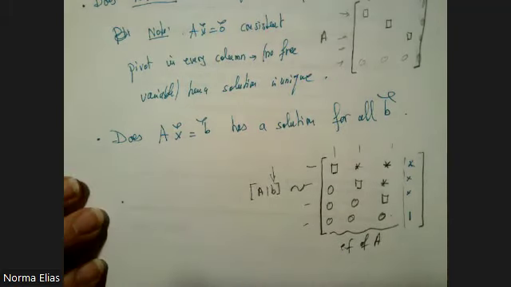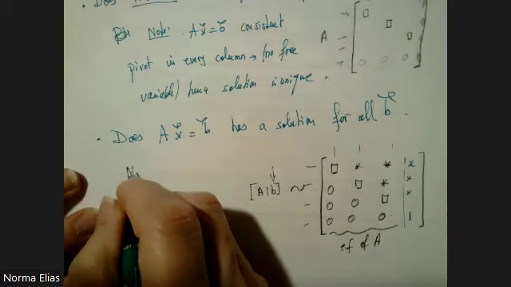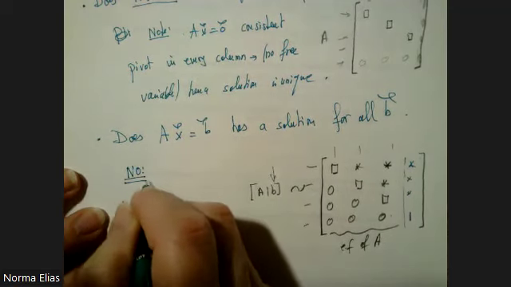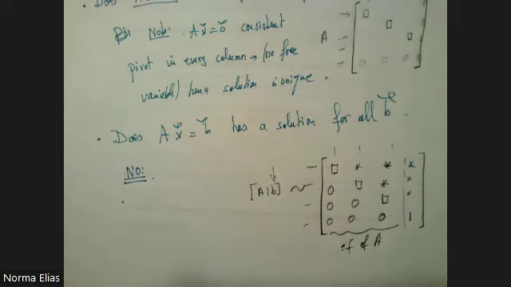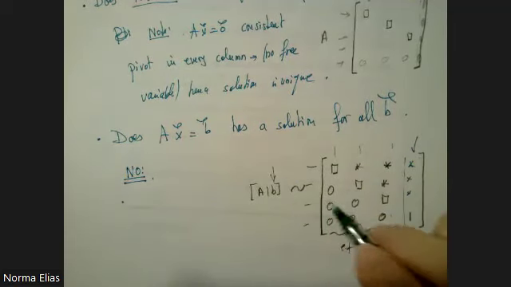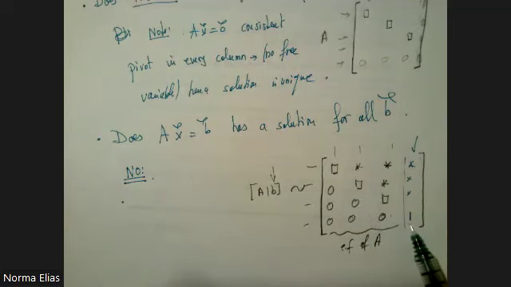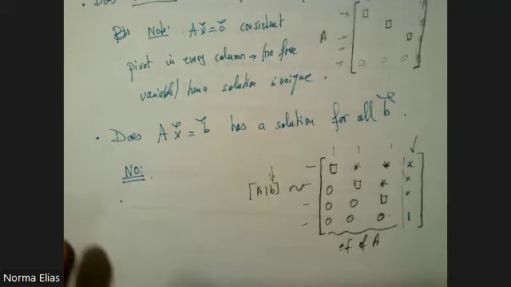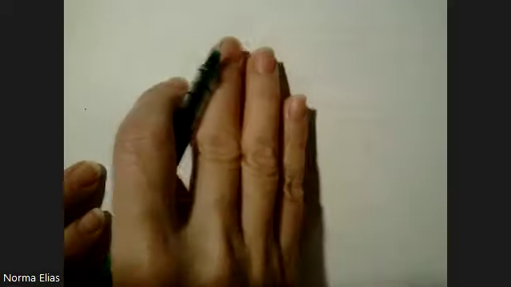So does AX equal to B have a solution? No. Absolutely no. There is always a possibility of finding a vector B so that when we solve, we end up with this scenario. So there is no solution in this case. Actually, I'm going to ask the same questions, but I'm going to change the matrix.